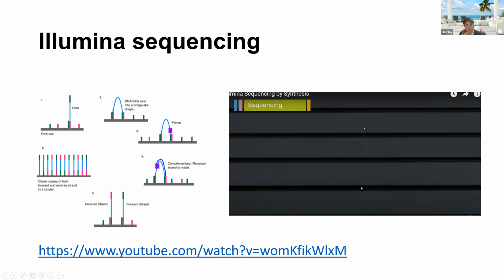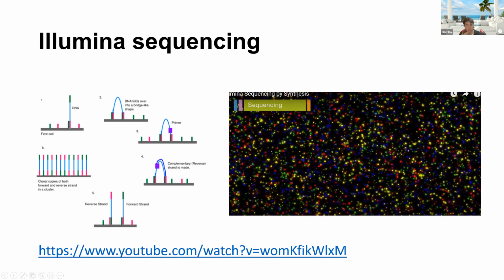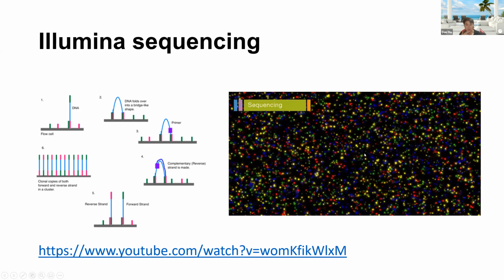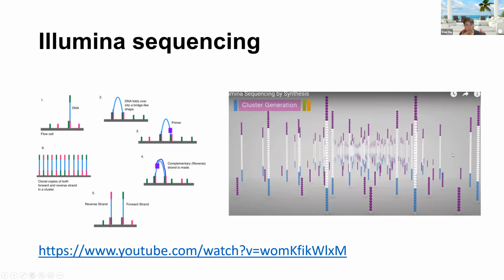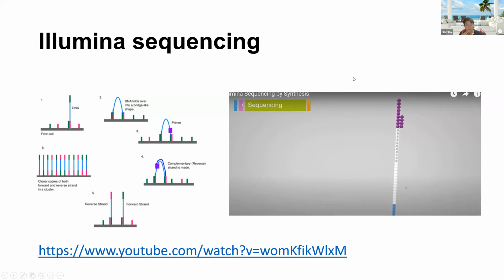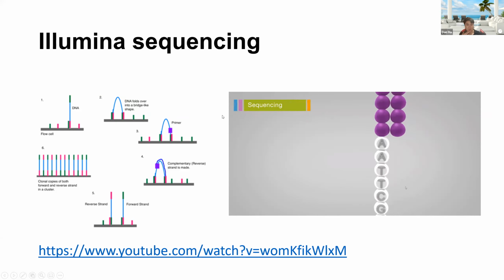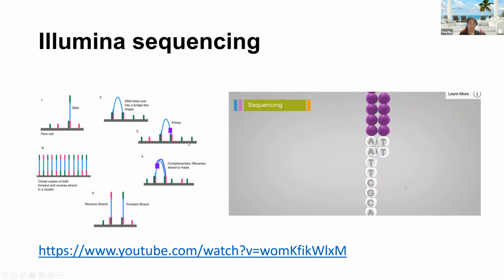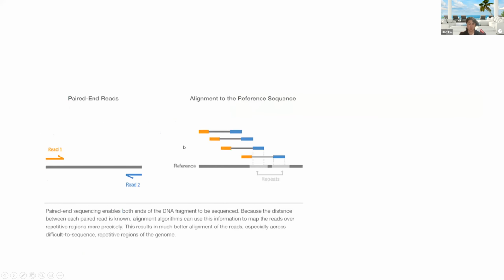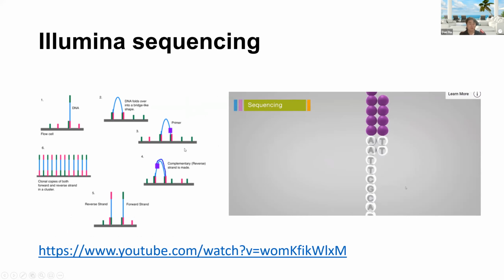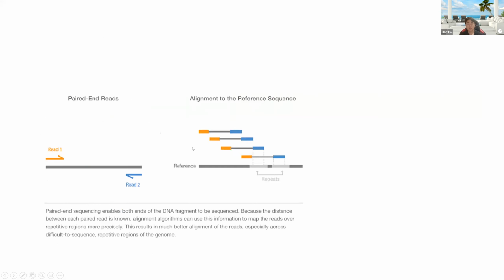Every time, the light emitted gets recorded and measured, and that's how the sequencing is actually performed. The light can sometimes be brighter or dimmer depending on the signal, and that's how you measure the quality of each base of the sequence.